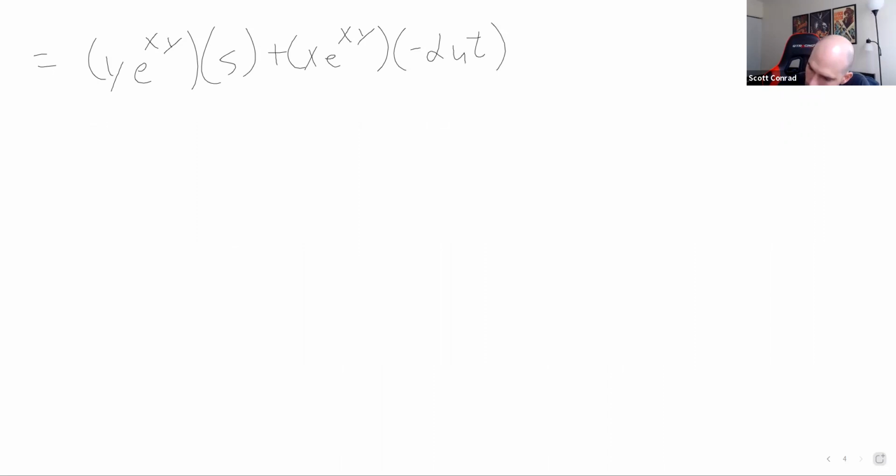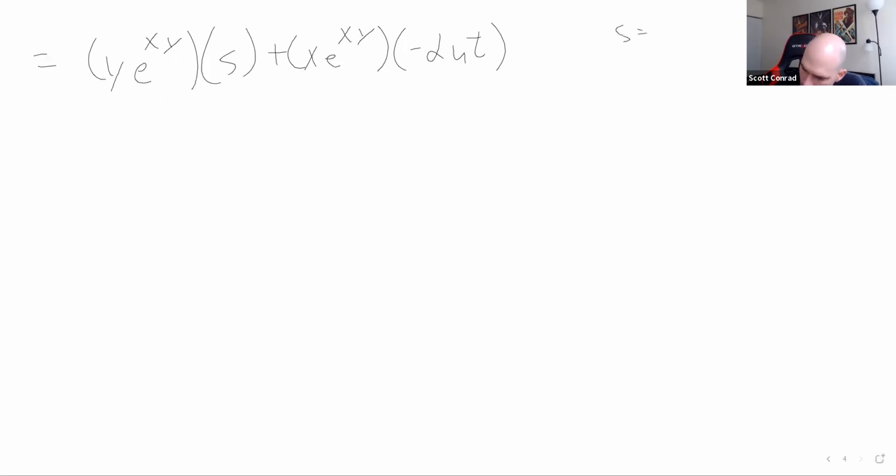So let me rewrite this. So we got y e to the xy times s plus x e to the xy times negative 2ut. So we want to evaluate this at, I think it was 2, 3, negative 1. Yes.